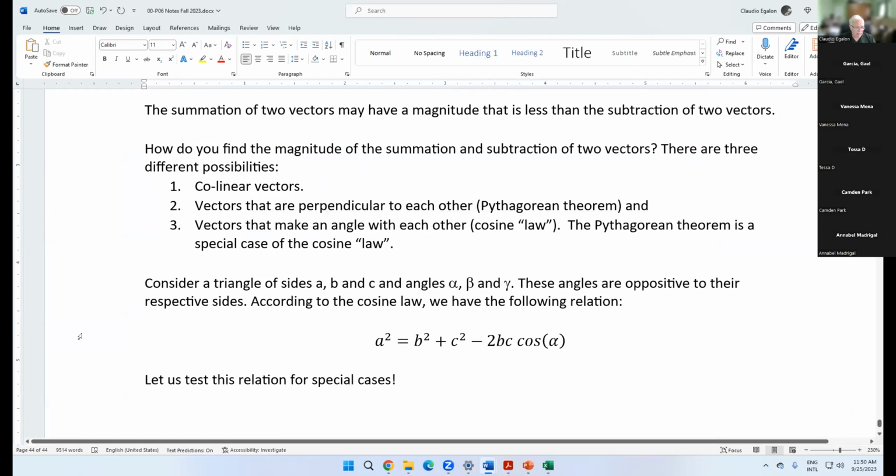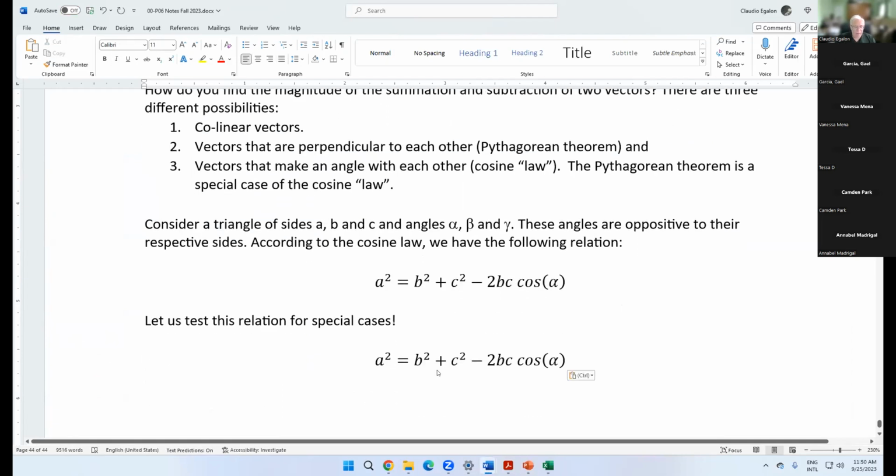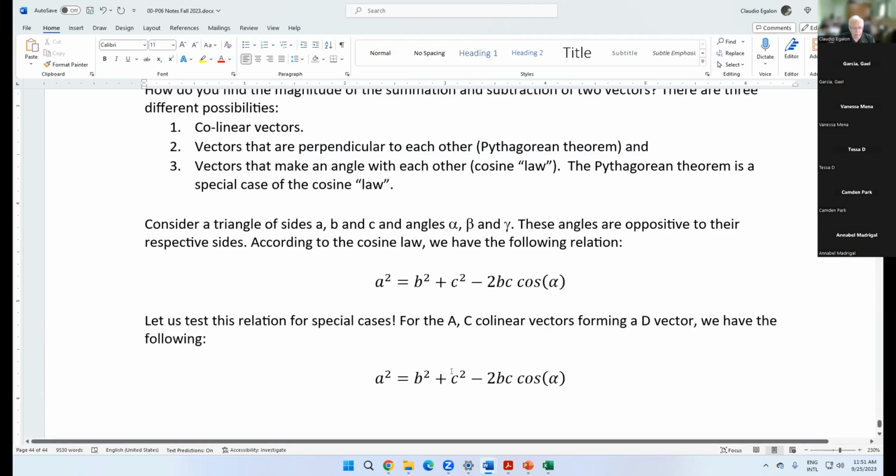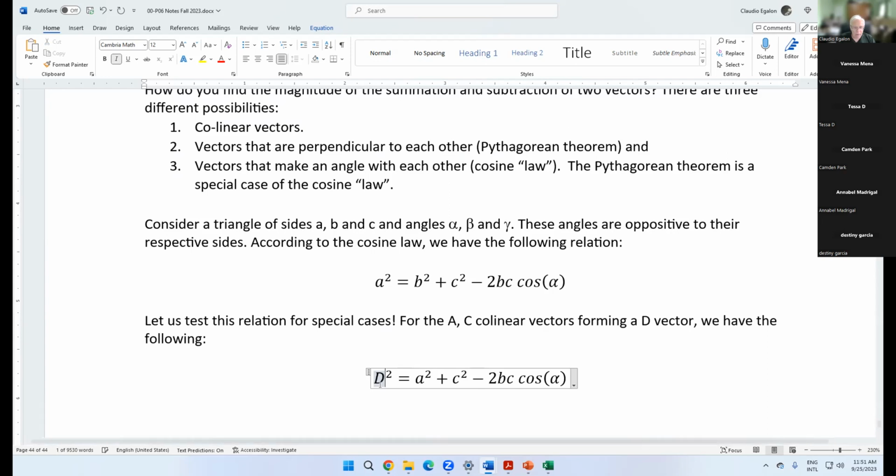So for the ACD triangle, for the AC collinear vectors forming a D vector, we have the following: D squared is equal to A squared plus C squared, minus 2AC cosine of delta, right?